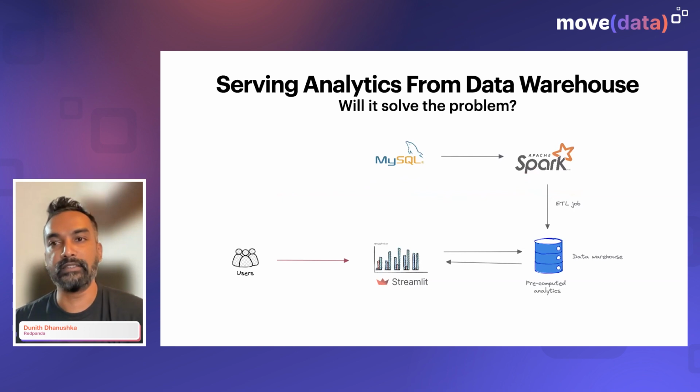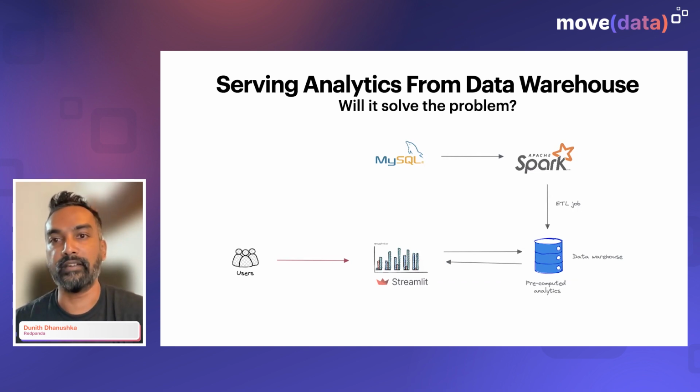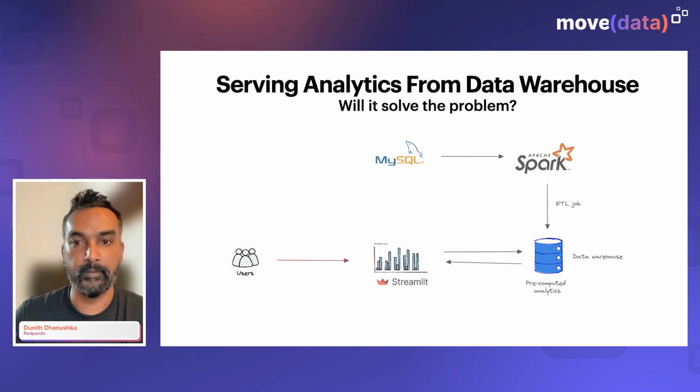Another solution would be to pre-aggregate these analytics using an ETL solution and write the computed metrics to the data warehouse so that we can eliminate the time it takes to run ad hoc or on-demand aggregations. So in this case, we have an ETL pipeline to periodically extract data from MySQL, process it with Apache Spark, and write it down to the data warehouse.